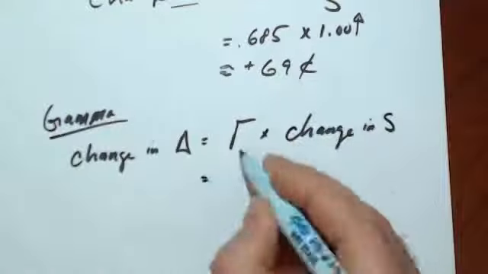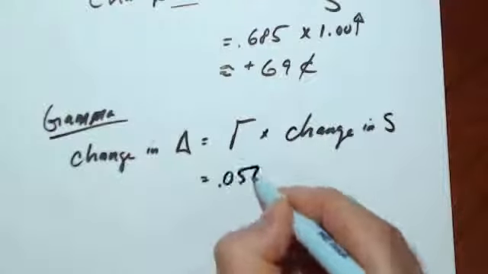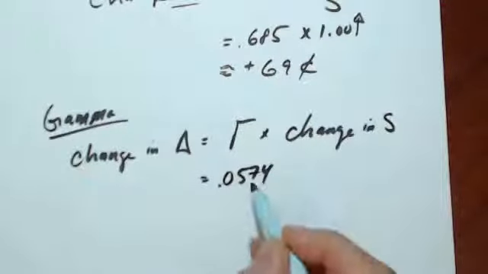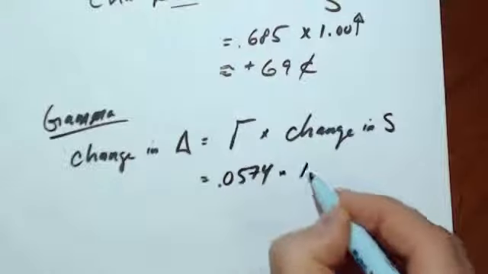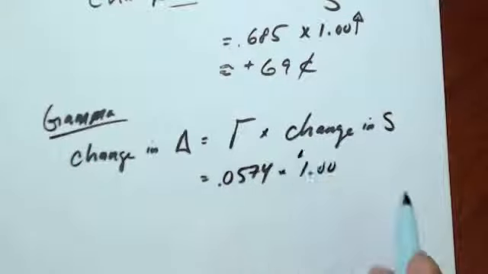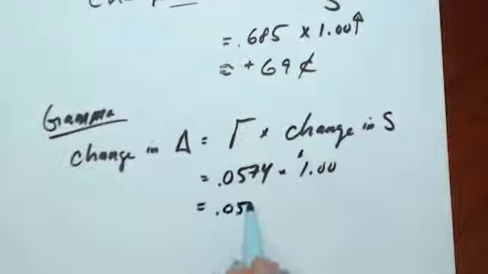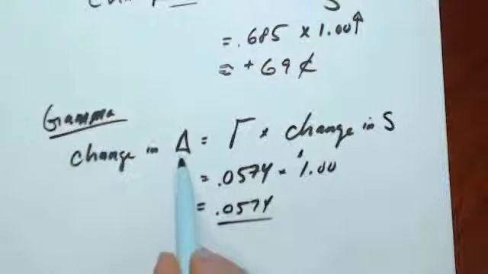And if we look at the table, we see that we have 0.0574 for gamma times a $1 change in stock price. We get about 0.0574 as the change in delta.